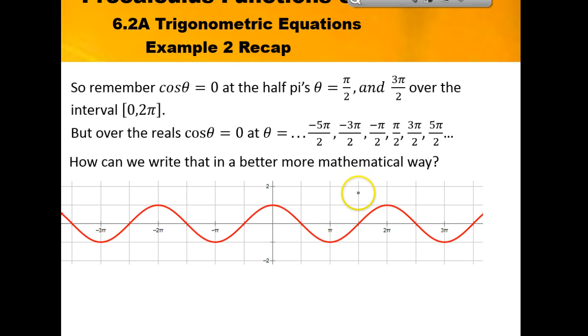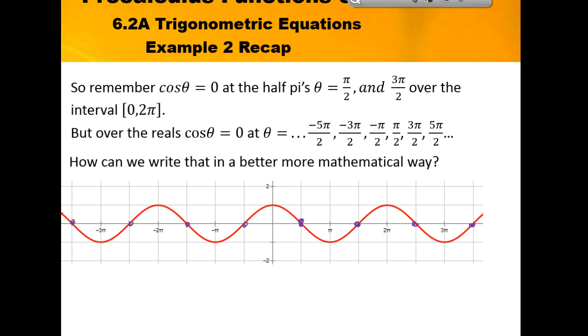So that's when it equals 0. So let's talk about it though. It equals 0 here, and here, and here, and here, right? It equals 0 at all of those.